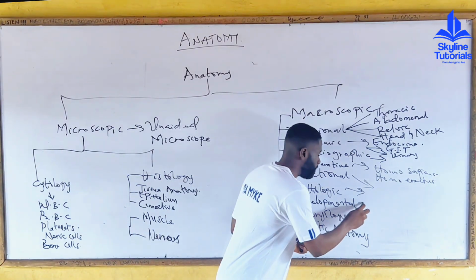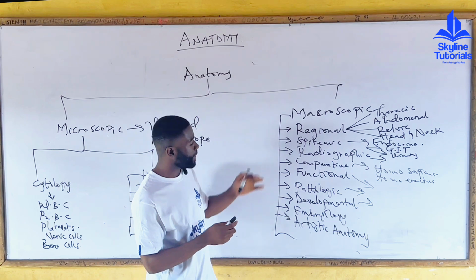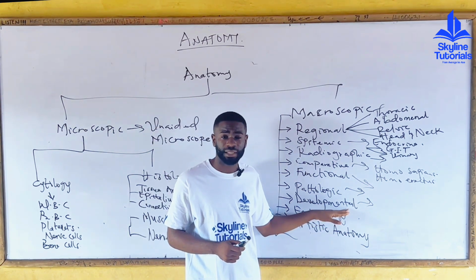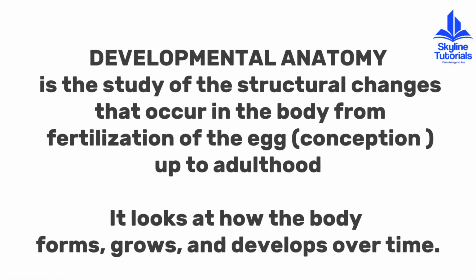The next type of macroscopic anatomy we have is developmental anatomy. Developmental anatomy studies the changes in structures that occur from conception up to adulthood or maturation. Conception is the first stage in pregnancy that occurs after fertilization.